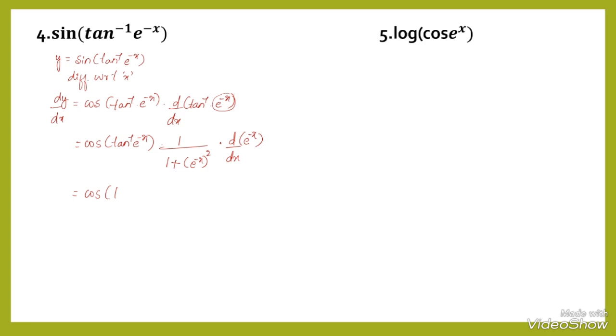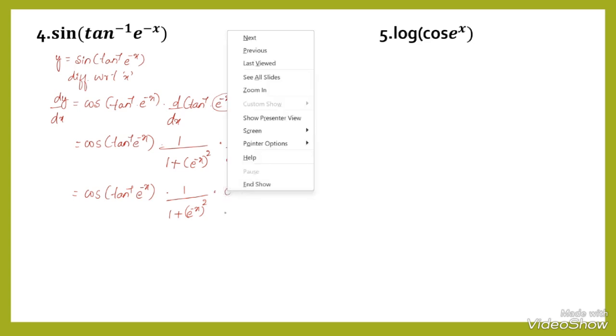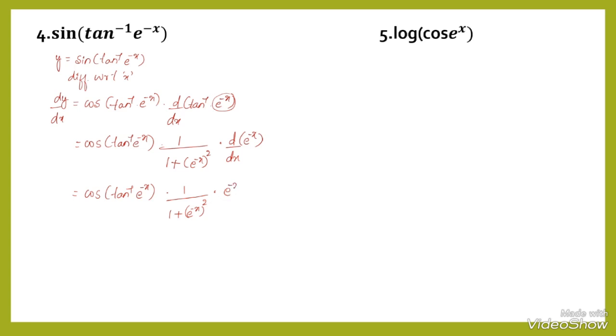Cos of tan inverse of e to the power minus x into 1 divided by 1 plus e to the power minus x whole square into differentiation of e to the power minus x, that is e to the power minus x.